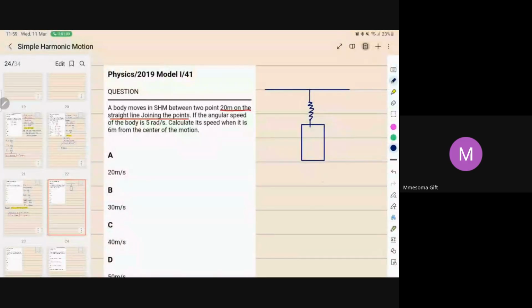Now, a body moves in simple harmonic motion between 2 points, 20 meters on the straight line joining the 2 points. All right. So let's say that when I stretch this, it goes up and down. Let's say this is the maximum, this is the minimum. So let's say this is point A and this is point B, and the distance joining the 2 points will be 20 meters, right?